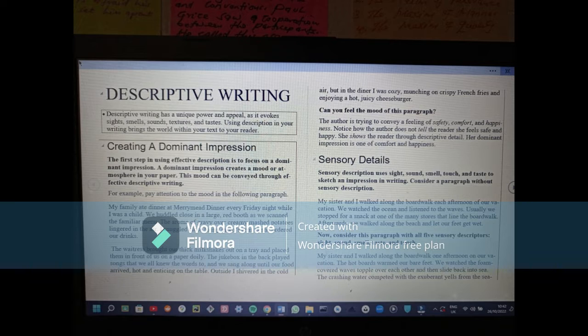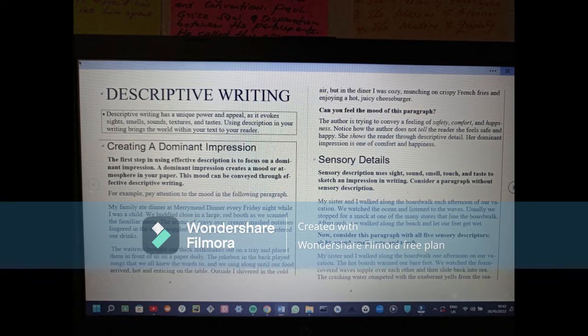Now, the question is, can you feel the mood of that simple paragraph that I've just read to you? So you can see that I tried to convey a feeling of safety, and we have a choice of words that actually denote safety, like we huddled close in a large red booth.